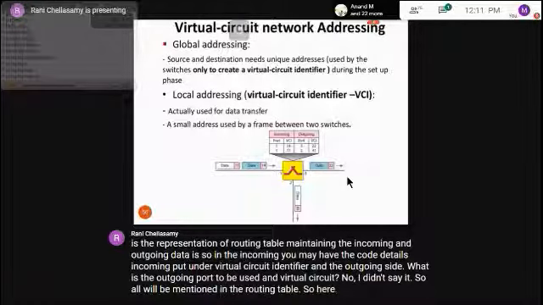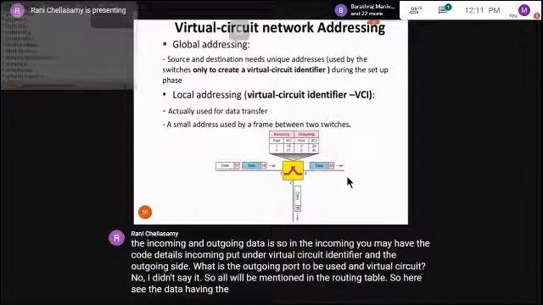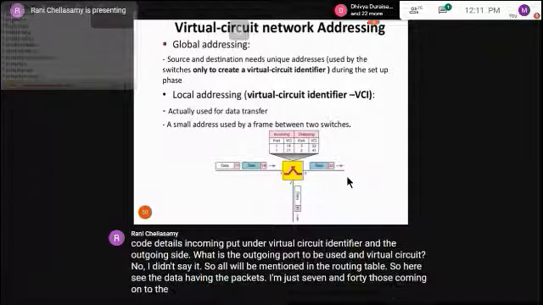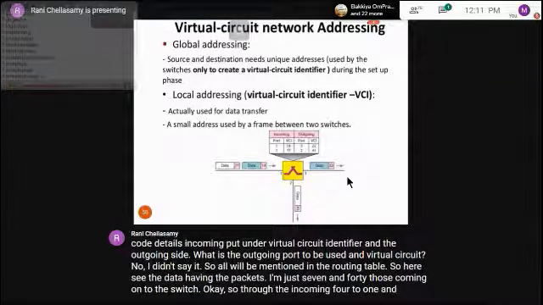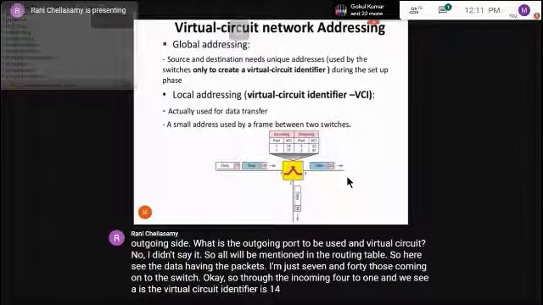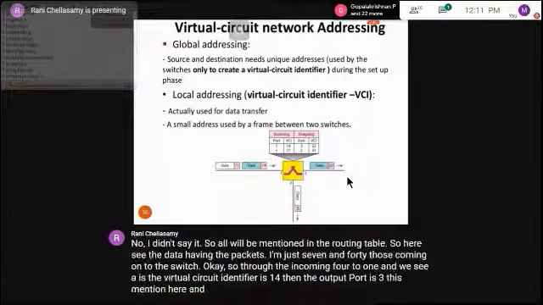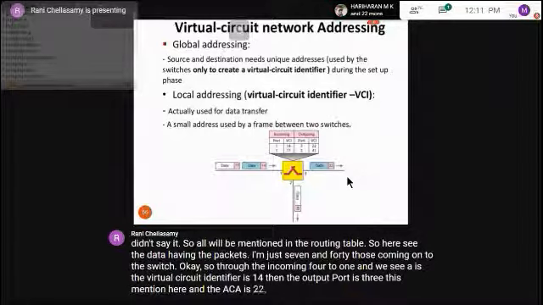So here, see the data, packet 77 and 14, is coming on to the switch. Okay, so through the incoming port 1, and the VCI, the virtual circuit identifier, is 14. Then the output port 3 is mentioned here, and the VCI is 22. Okay. So this is what the routing table maintains in case of a virtual circuit network.